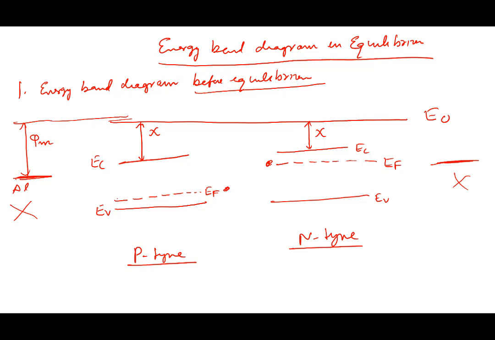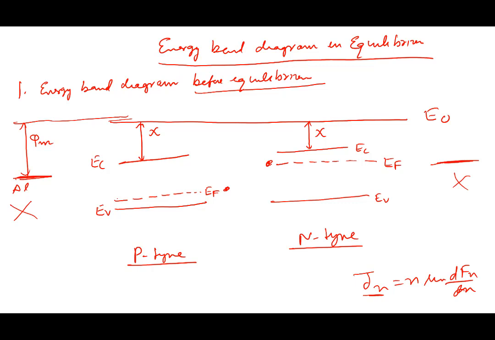If you recall, there's an expression that we had calculated, that Jn was n mu n dEfn by dx. We had derived this particular expression. It tells you the direction in which current flows depends on the gradient of the electron quasi-Fermi level. So gradient in Fermi level decides which direction the current is going to flow.